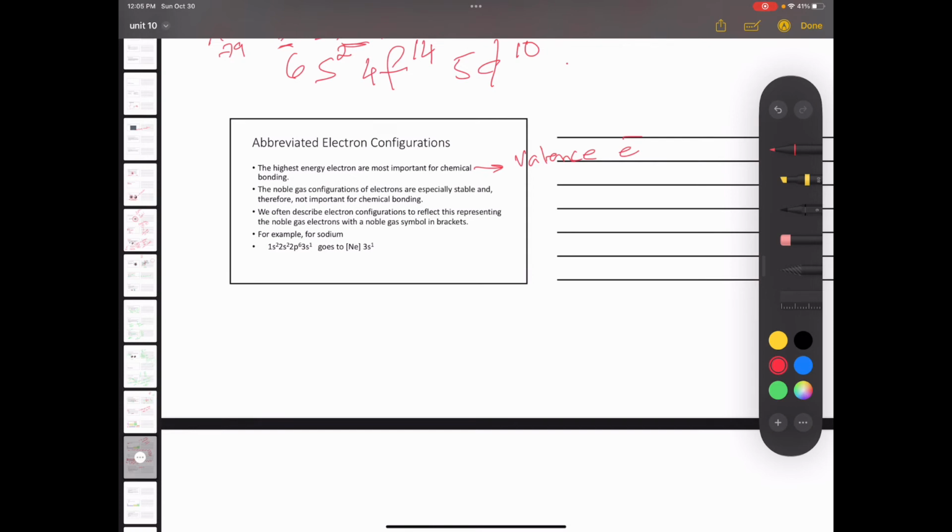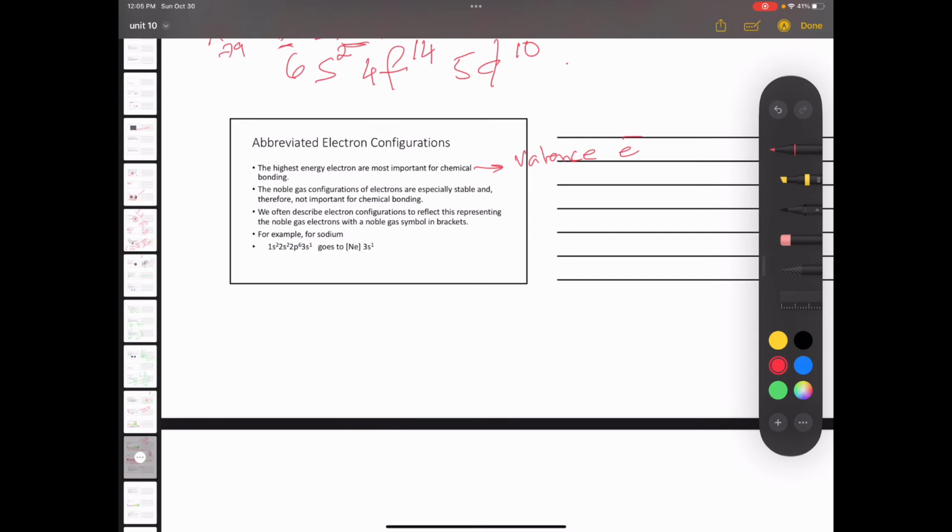These are the electrons that are in fact involved with losing, gaining electrons, forming bonds, breaking bonds, and so forth. So in our abbreviated electron configuration, we are going to really focus on the last electron sitting on the outer, on the last orbital in the electron configuration.